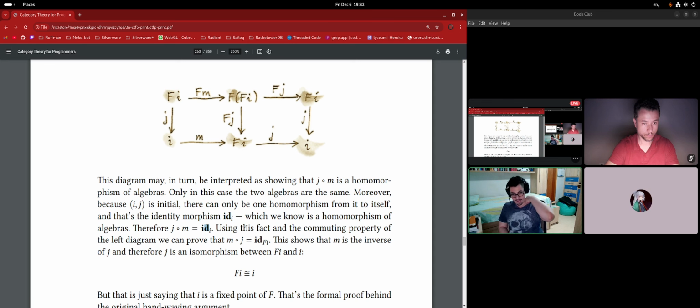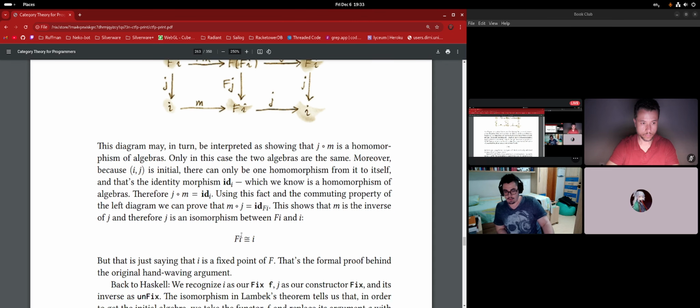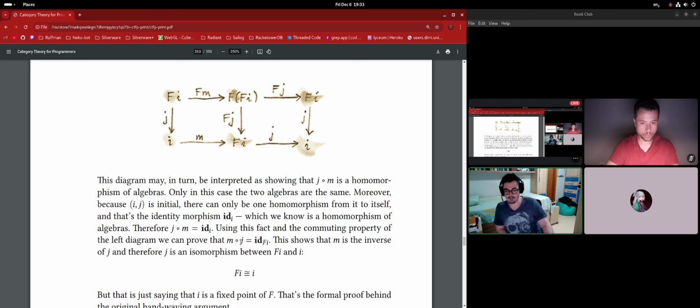This shows that M is the inverse of J, and therefore J is an isomorphism between f of I and I. So because we know that this goes to identity and this also goes to identity, J and M are inverse to each other, and therefore J is an isomorphism between f of I and I. It is an isomorphism because of these identities, right?